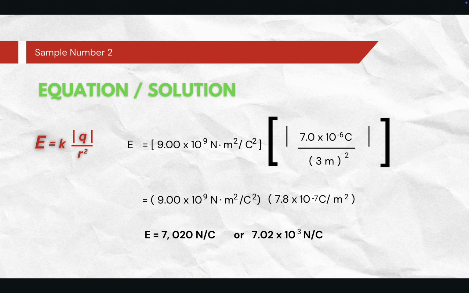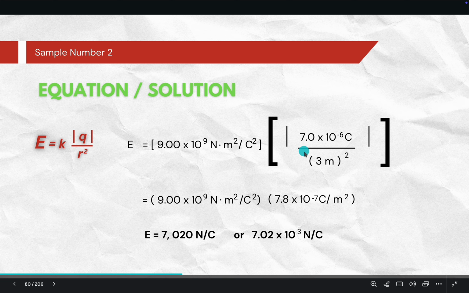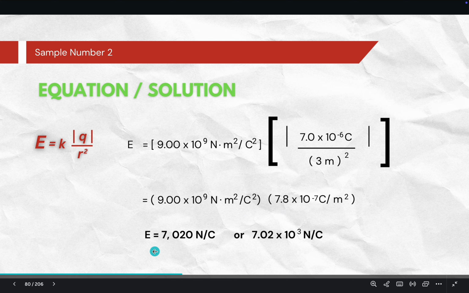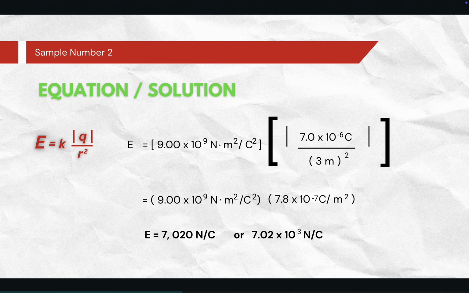Then, yung solution is to substitute na natin yung mga given. Una ulit yung nasa loob ng bar. So, ang sagot ng nasa loob ng bar is 7.8 times 10 raised to negative 7 C over m squared. Then, imumultiply natin sa Coulomb constant. The answer will be 7,020 N over C, or pwede ring 7.02 times 10 raised to 3 N over C.